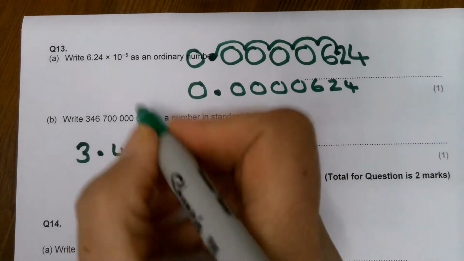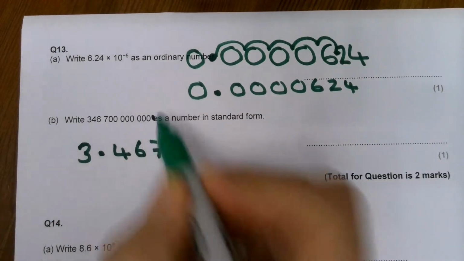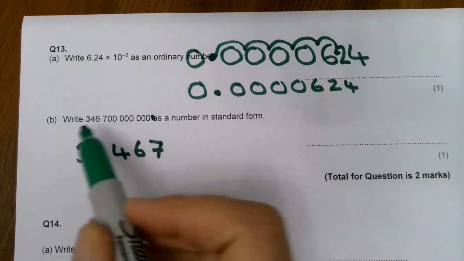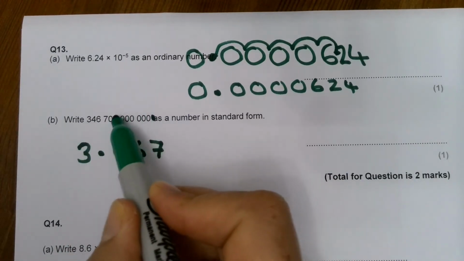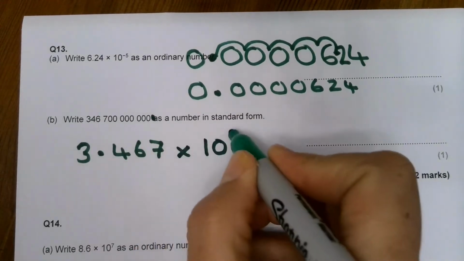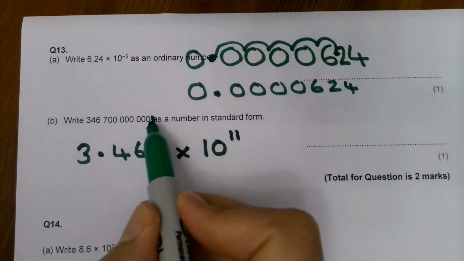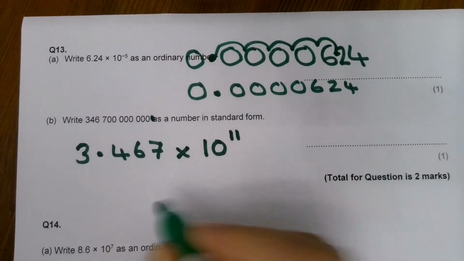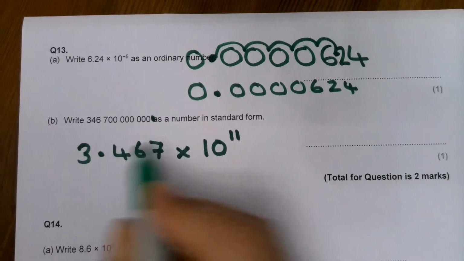I now need to ask myself, the decimal point was here in front of the 0, how many places did I move it to get it in front of the 3? Well, 3, 6, 9, 10, 11. So I times it by 10 11 times. Every time I times by 10, I move the decimal place once to the right to make it bigger.